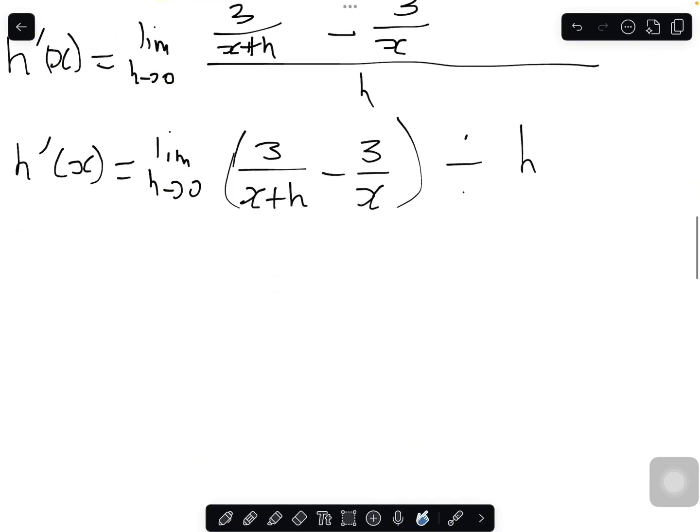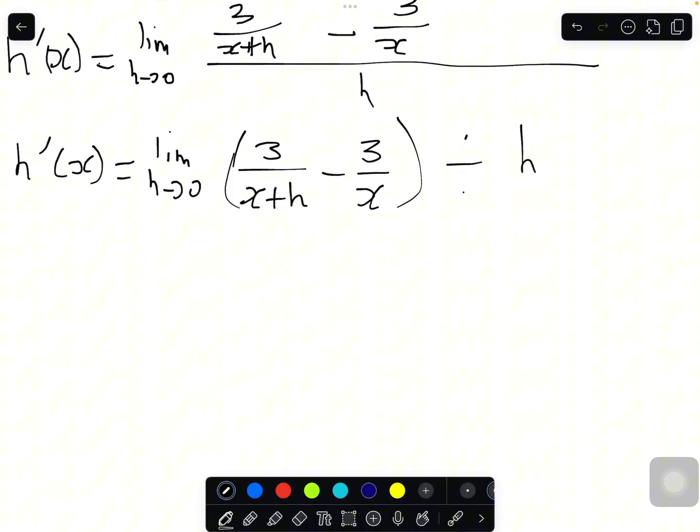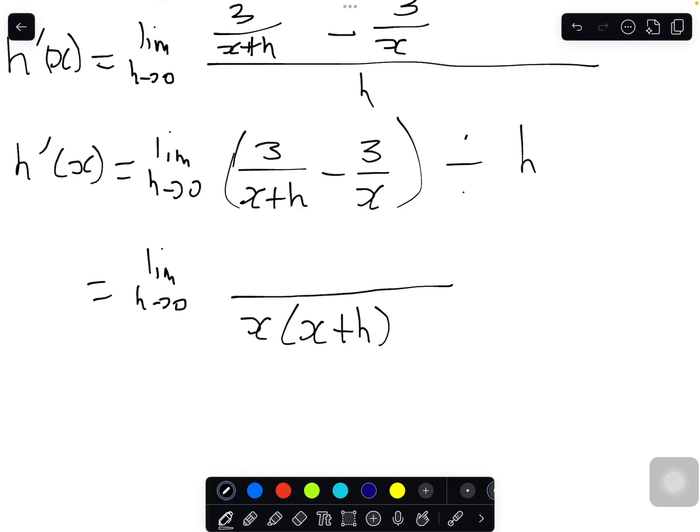Now I would subtract these, and to subtract these I would need a common denominator. So this equals the limit as h approaches 0, and here my common denominator is going to be x into x plus h.